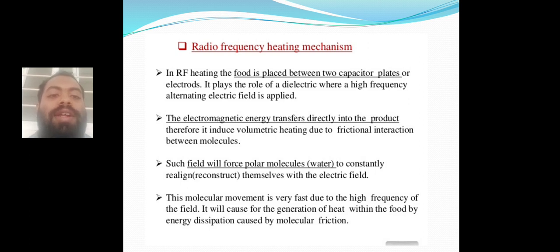The electromagnetic energy transfers directly into the product, therefore it induces volumetric heating due to frictional interaction between molecules. Such a field will force polar molecules, that is water, to constantly realign within the electric field. This molecular movement is very fast due to the high frequency of the field. It will cause the generation of heat within the food by energy dissipation caused by molecular friction.